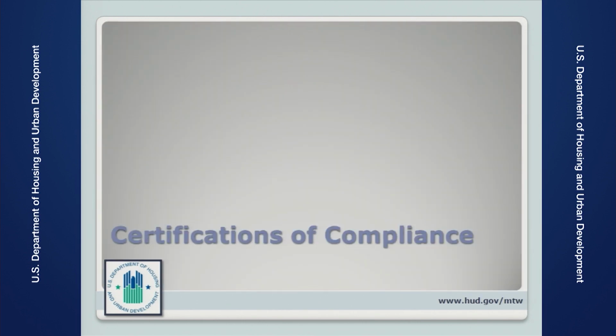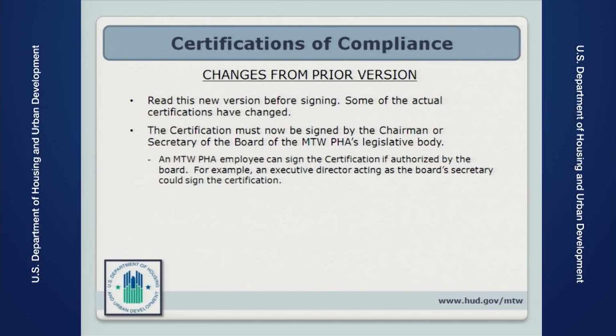Okay, now just a brief word on the certifications of compliance themselves. Those are included as a part of the form, so they are approved by OMB and must appear exactly as they are given in the 5900. We ask the agencies to really go over these new certifications of compliance and ensure that all of them are being met.